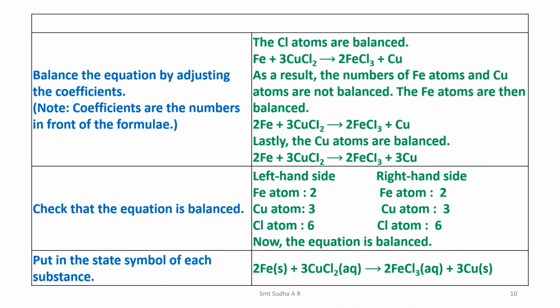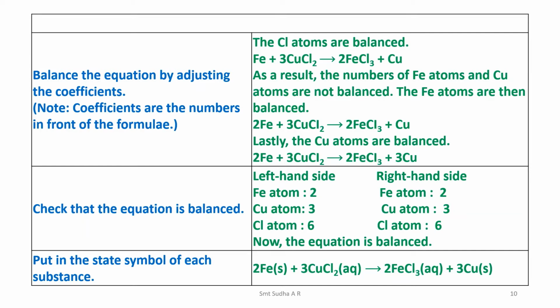So then what do we have to do? We have to balance the equation by adjusting the numerical coefficients that you learnt in mathematics. In the first step, Fe plus CuCl2 gives rise to 2 molecules of ferrous chloride, with copper.